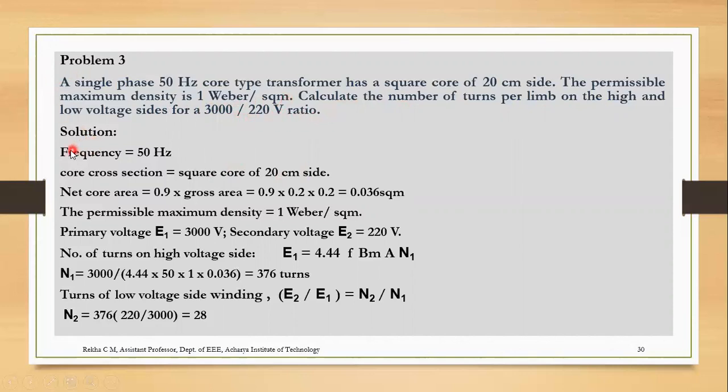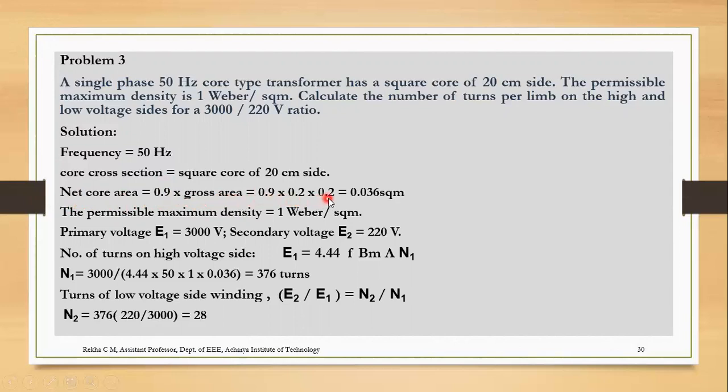So first you list out the given parameters. Frequency is equal to 50 hertz. The core cross section is given, a square core of 20 centimeter side. To find the net core area, you need to multiply 0.9 into the gross area. How to find the area?